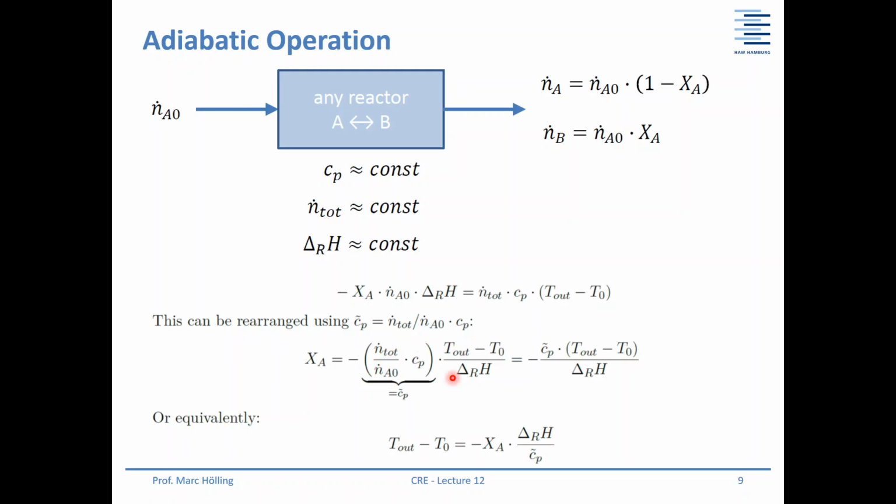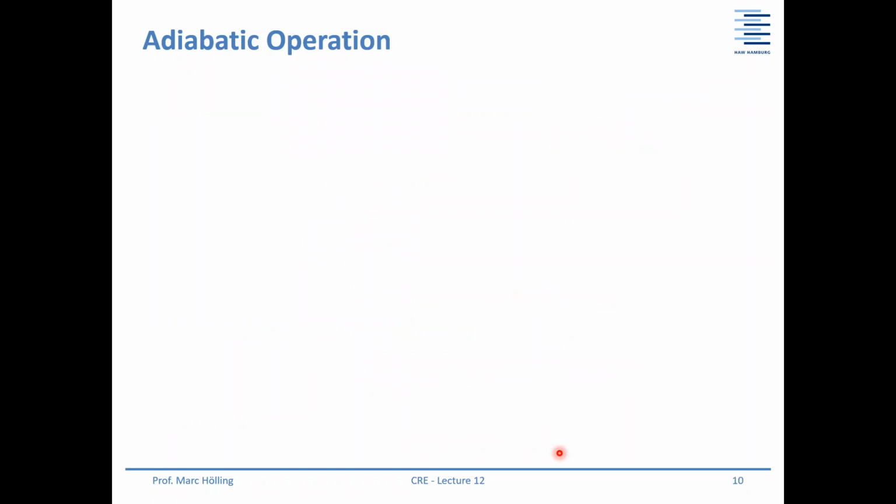So you can write it like this, or you can also say, if I want to calculate my temperature difference, so the temperature increase between outlet and inlet, this is just your conversion times the reaction enthalpy divided by this new Cp tilde. Okay, what does it mean?